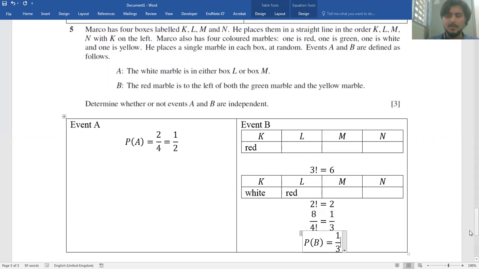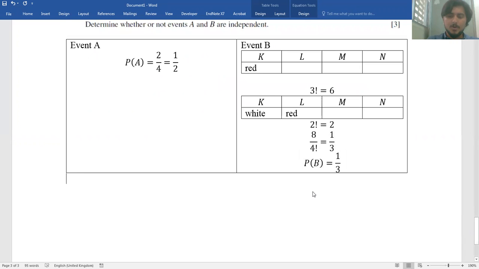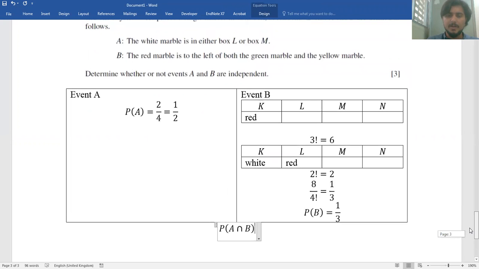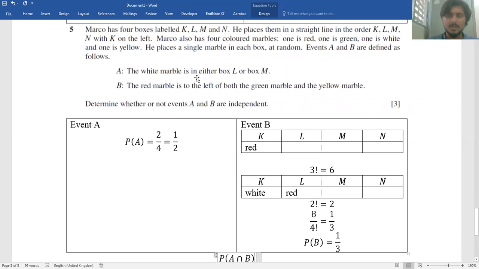Next we need to find the probability of A intersection B, the events when both are occurring. Event A is occurring and event B is also occurring. The white marble is in either box L or box M. Now the first case, where we took 3 factorial, which is 6.